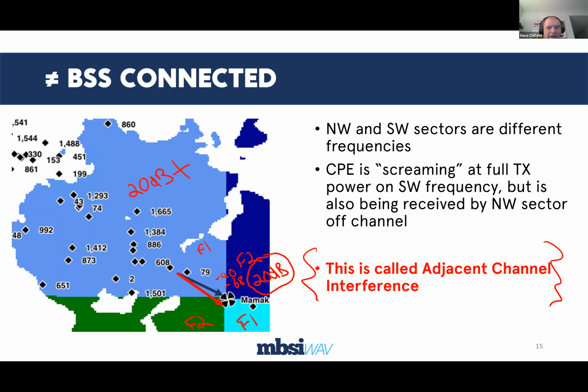Then everybody's talking loud here. And the actual CPE that are connected to F2 then have a bigger problem because all this energy is being received all over. So all that we've done is increase the noise floor on the tower. Now this happens big time in 5 gigahertz, especially when you have systems that are not synchronized.